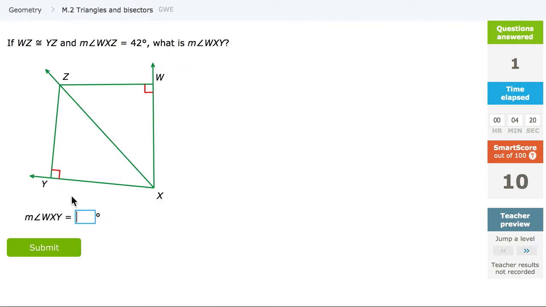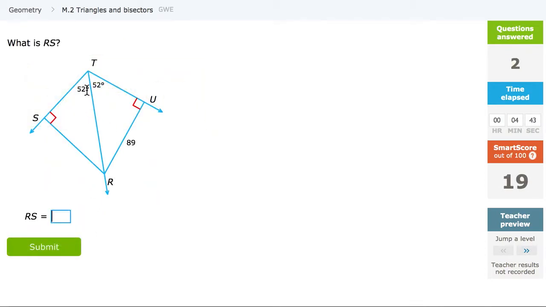WXY is the complete angle of this and this. So if this is 42, this is 42. Therefore, the complete angle is 42 plus 42, 84. So in some cases, we need to add up or double up the angle measurement. In some cases, we just have to set it equal.